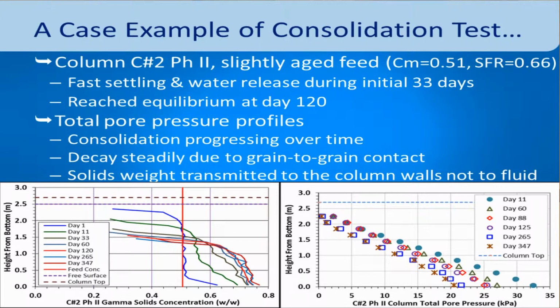As the consolidation progresses, at the beginning, as soon as you load this, the solids are fully suspended. There's no grain-to-grain contact. As the consolidation progresses and the solids start to settle, some of the weight of the solids transfers to the bottom instead of the fluid around.